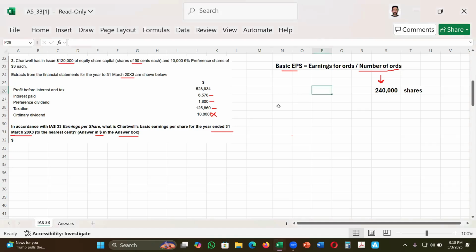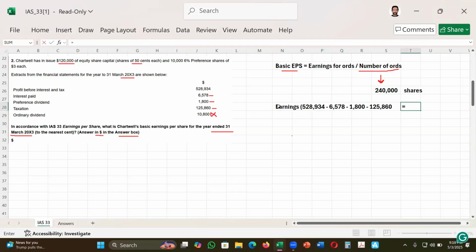Okay, so we will have the earnings. The earnings are going to be 528,934. We take away the 6578. We take away the 1800. We take away the 125,860. Okay, so let's see what the earnings figure is.